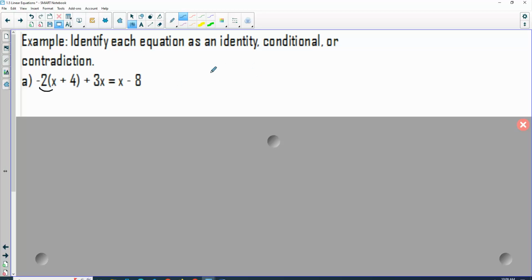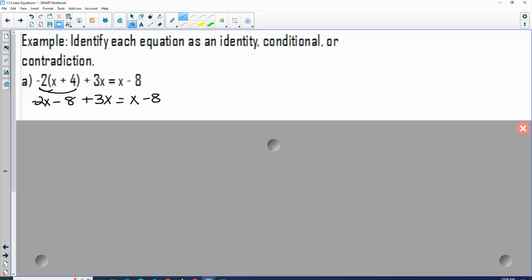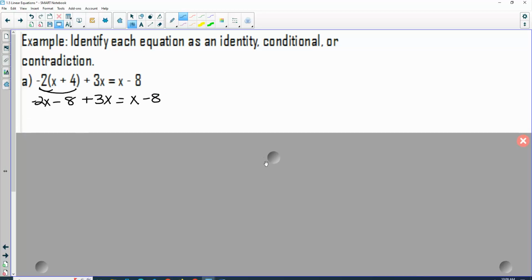We distribute our -2 to start. -2x minus 8 plus 3x equals x minus 8. -2x and positive 3x gives me x. If I subtract my x over, we have -8 equals -8.